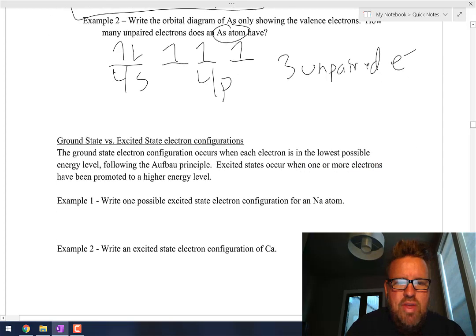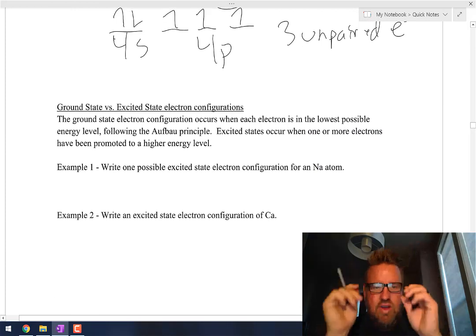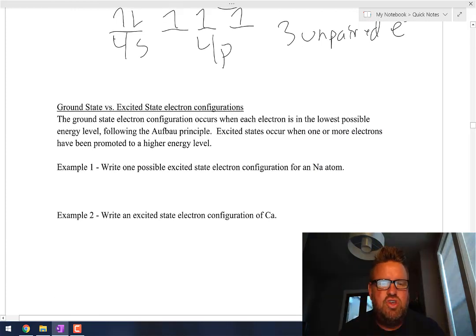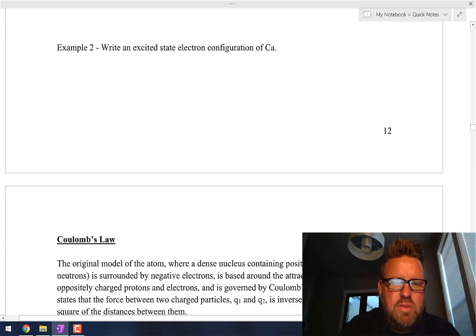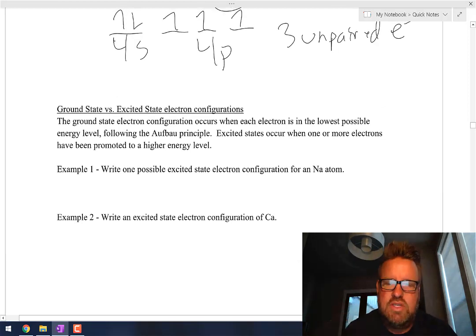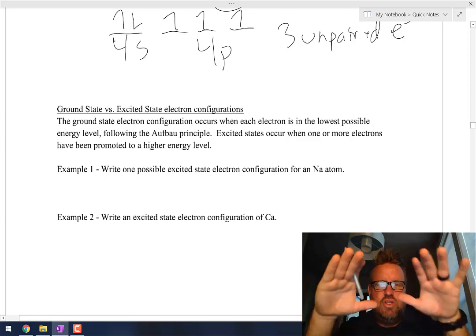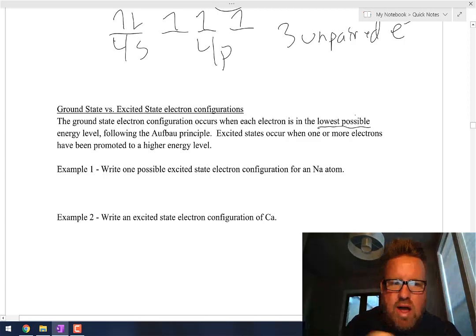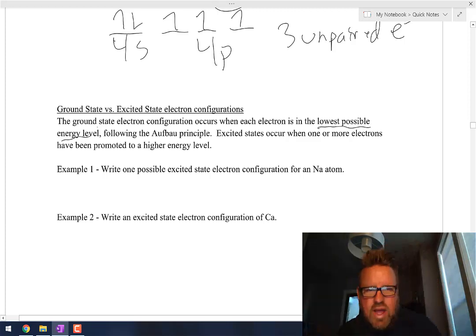Okay, and then our final one is what's called the ground state electron configuration and an excited state electron configuration. Every single electron configuration we've done up until now has been a ground state electron configuration, which means that all of the electrons are in the lowest possible energy level, which means you start at 1s, then you go to 2s, and then you go to 2p.